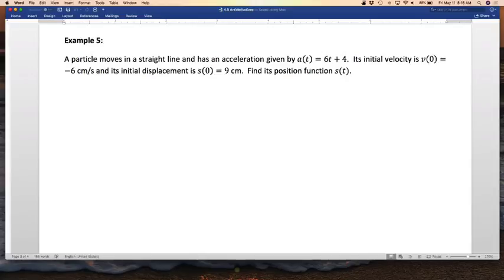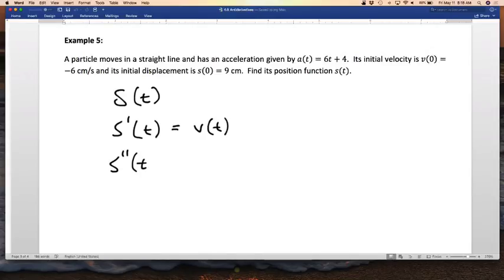So just to sketch that out, if s is our position function, then velocity is its derivative, and acceleration is the second derivative of s, or the first derivative of v. Which means we can use the antiderivative to go in the opposite direction.